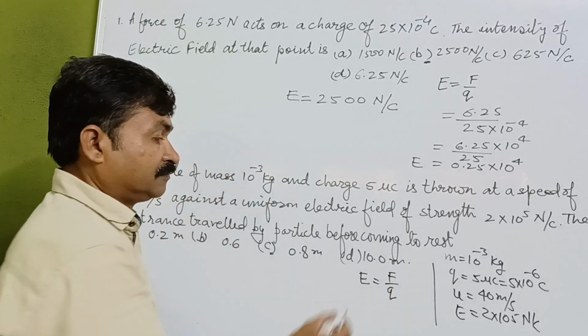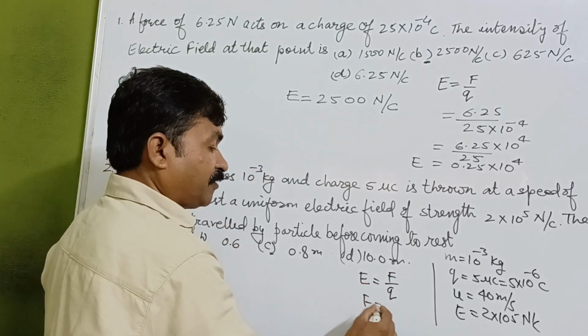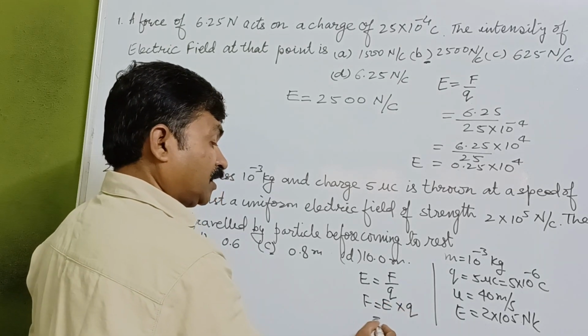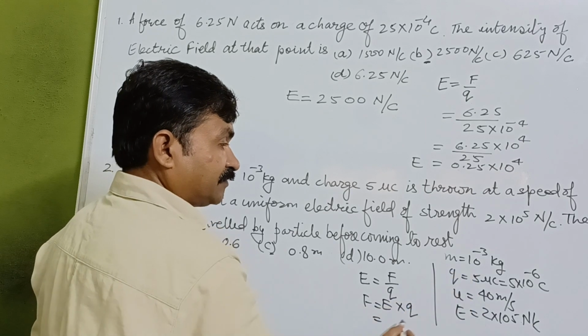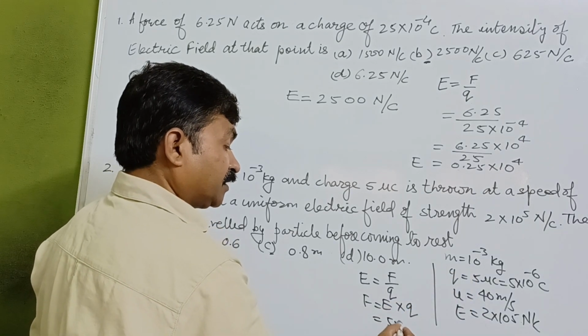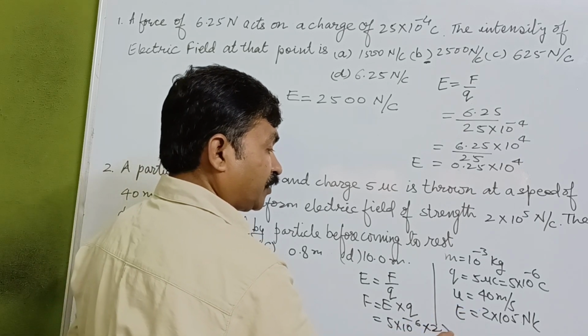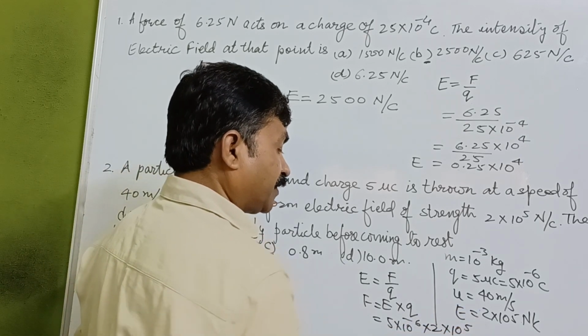So we can determine F as the electric field multiplied by Q, that is 5 × 10^-6 and 2 × 10^5 Newton per coulomb.